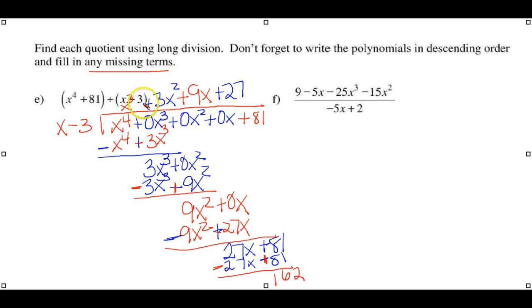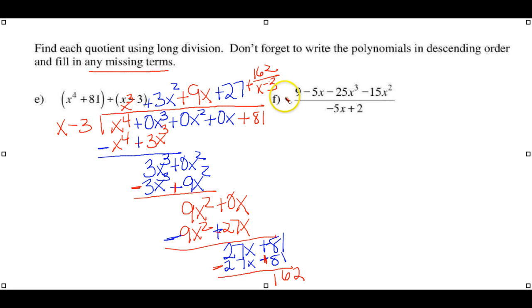And our answer then is all this plus 162 over, oh, I'm doing the wrong one here, over this x minus 3. That's better. All right, very tedious, lots of steps. This would be a challenge.